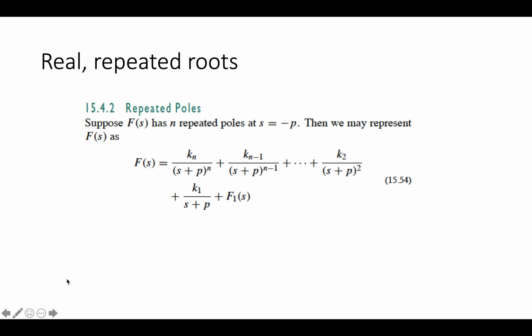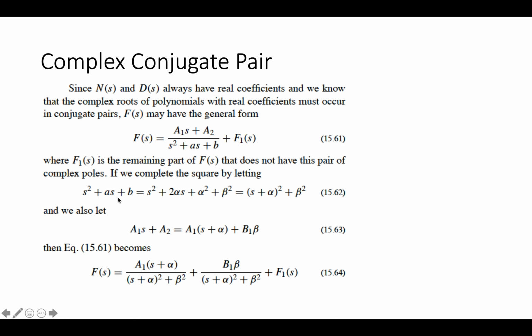So it is possible to have repeated poles or higher order poles, and in that case you have to do the partial fraction expansion differently. And then finally, the last option is that the roots of your polynomial generate complex conjugate pairs.